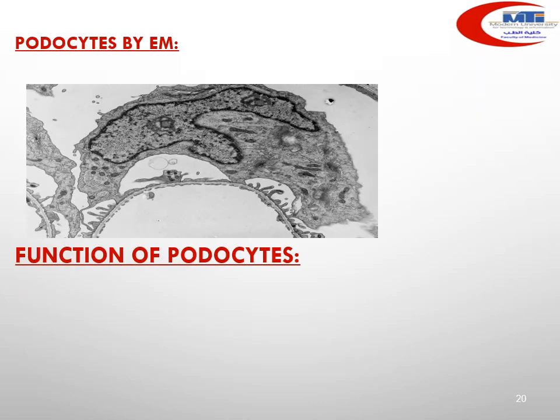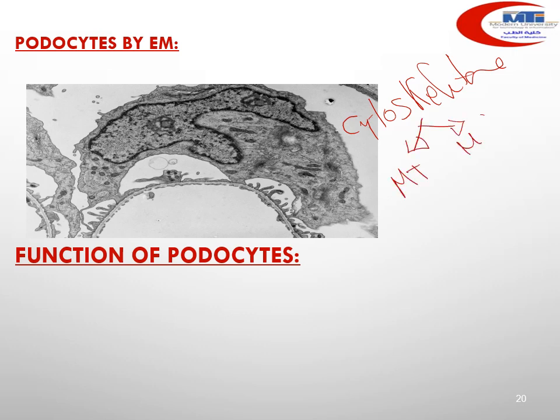The podocyte by electron microscope contains some rough endoplasmic reticulum, Golgi and ribosomes, and it has a very good cytoskeleton like microtubules and microfilaments.